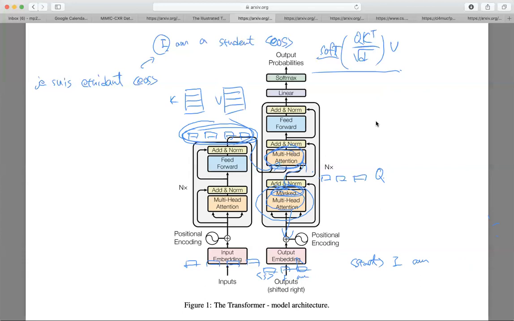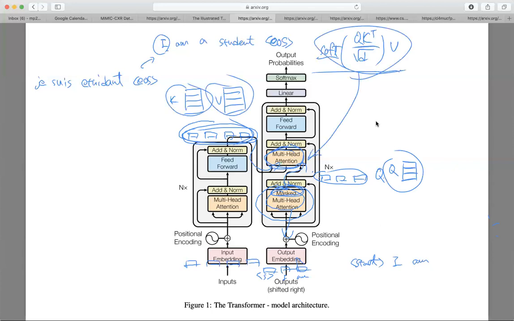And since we have 3 intermediate embeddings, there will be 3 query vectors Q. So when you do the QKV operations, this is 3 by D, this is 3 by D, this is 4 by D, this is 4 by D. So 3 by D, D by 4. This is Q. This is K transpose.